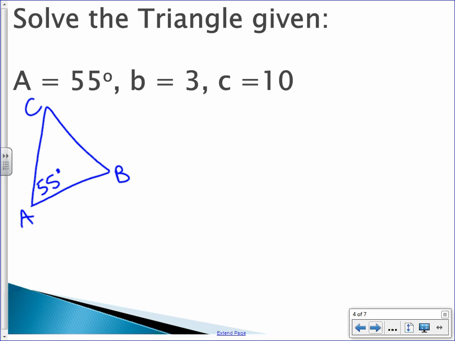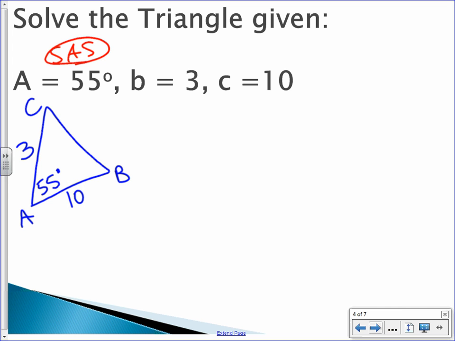So 55 degrees, B is 3, C is 10. Okay, what set of given information do we have? We have side angle side, which means we need to use the law of cosines.